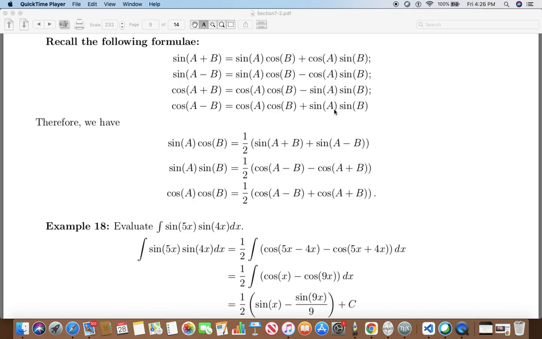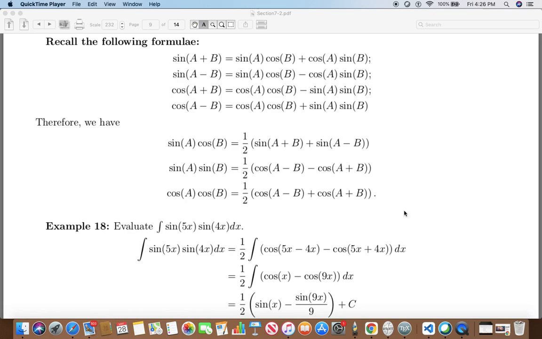These two cancel and you get twice of that. So half here. On the other hand, cosine A cosine B, I just add these two. These two terms cancel out and you have twice of this. So cosine A cosine B is half of cosine A minus B plus cosine A plus B.